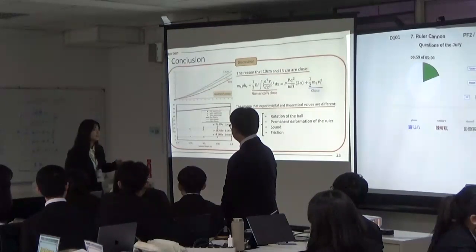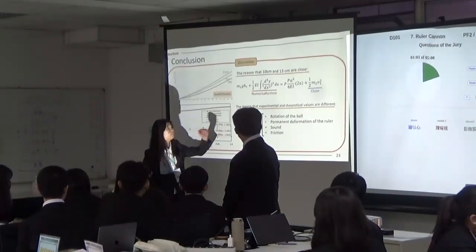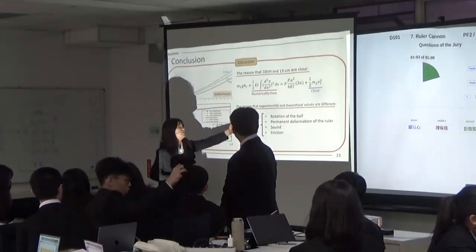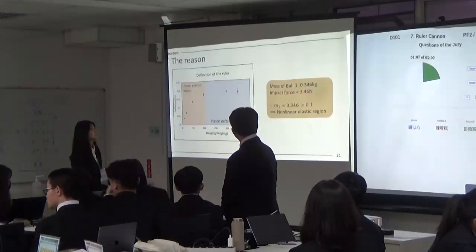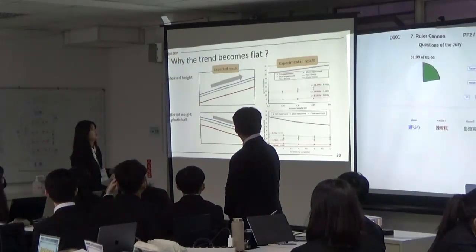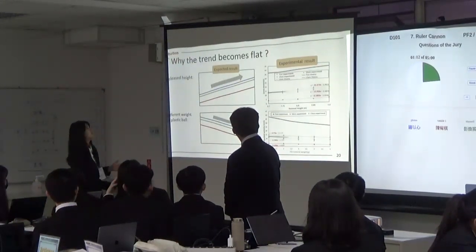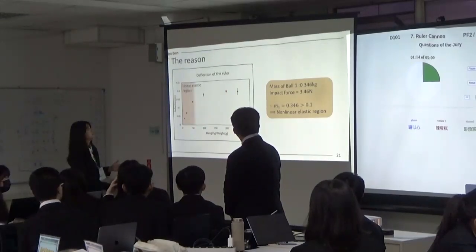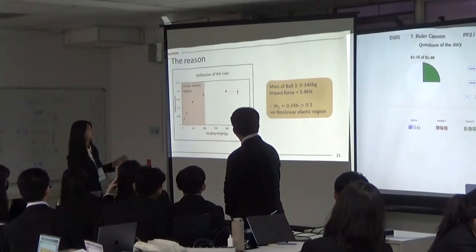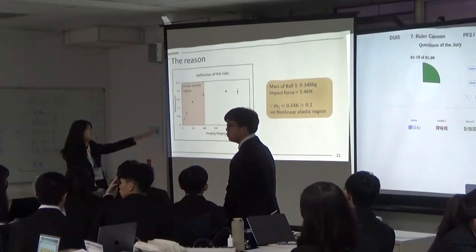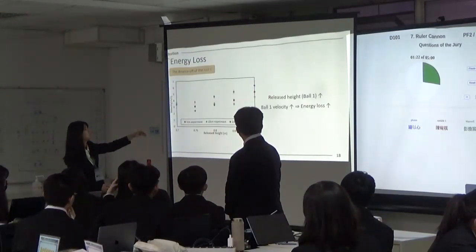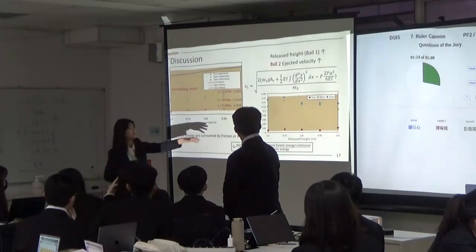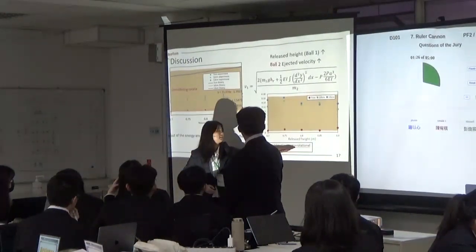We didn't get the data about the sound and friction, but we got the real data about the rotation of the ball and the permanent deformation of the ruler, and we show the data. This is the permanent deflection of the ruler, and this is the real data about the rotation.